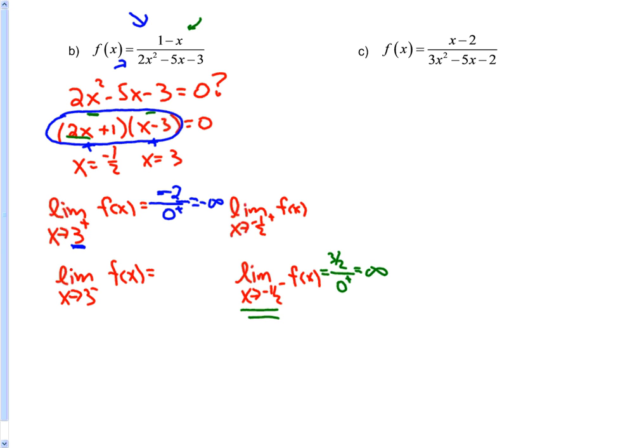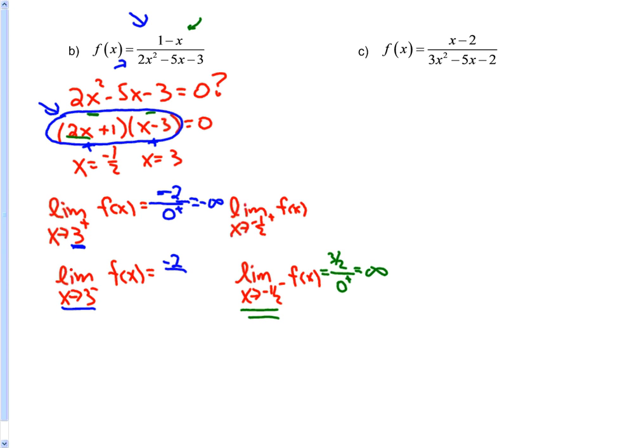Get 3 from the left. Again, as we approach 3 from the left, my numerator is going to get closer to negative 2, because 1 minus 3 is going to be negative 2. The denominator is where we're going to be approaching 0. Our goal is to determine which side of 0 we're approaching from, very small positives or very small negatives. And we're approaching 3 from the left, so something like 2.9.